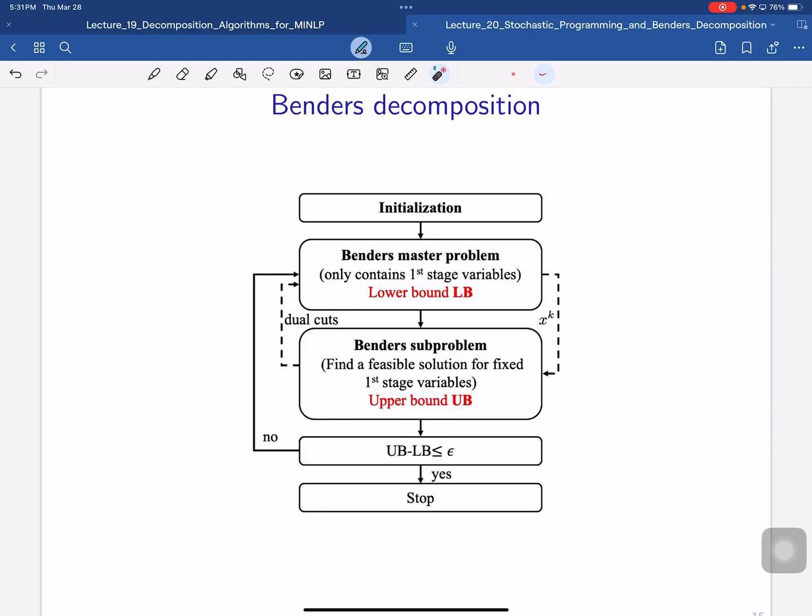Because the second stage constraints will be more tight. Yeah, so can you argue in a more rigorous way why, if you have a subset of cuts, it is a lower bound? Not really. Any other thoughts here?